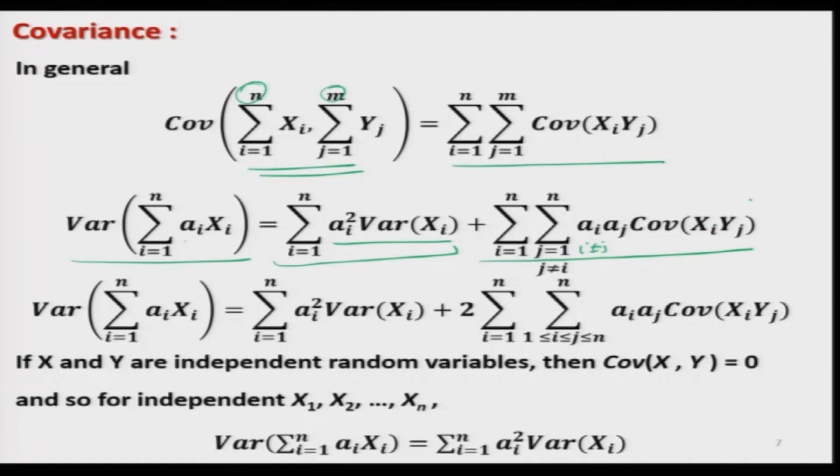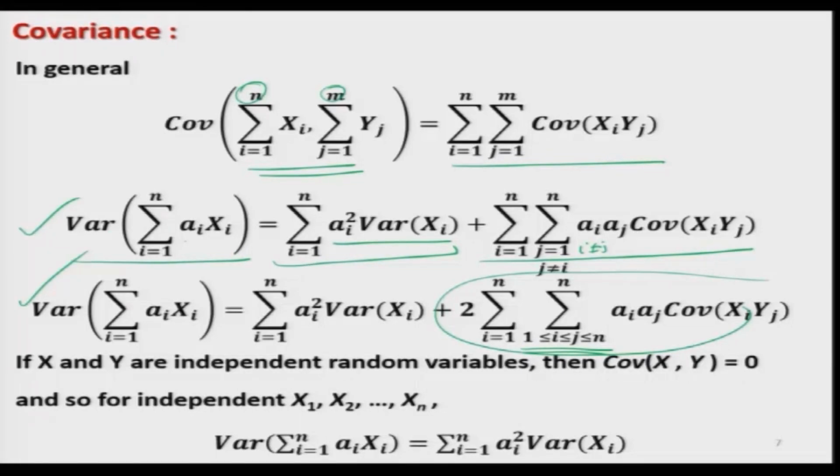The same expression can also be written with i less than j less than or equal to n, as twice this summation. So these two expressions are the same thing.